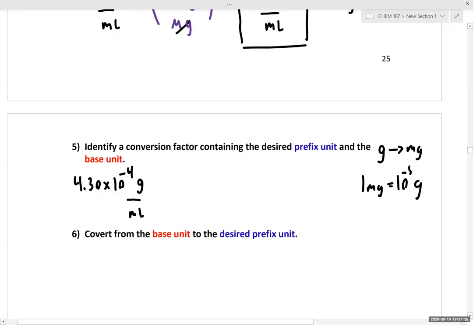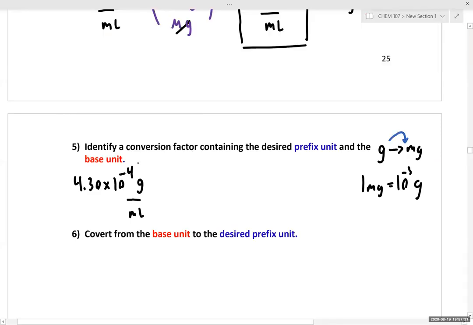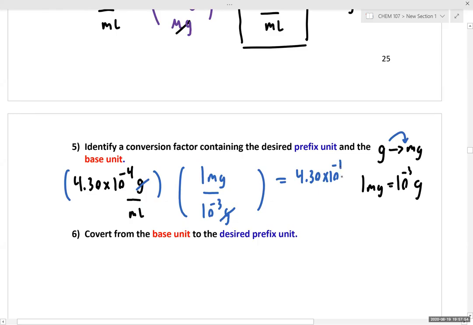If we want to go from grams to milligrams, what units do we put on top? Milligrams, exactly. And 1 milligram is 10 to the negative 3rd gram. The grams cancel, and we're left with 4.30 times 10 to the negative 1st milligram per milliliter. Notice the milliliters still haven't been addressed.